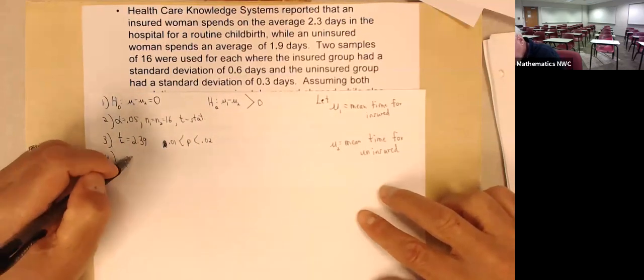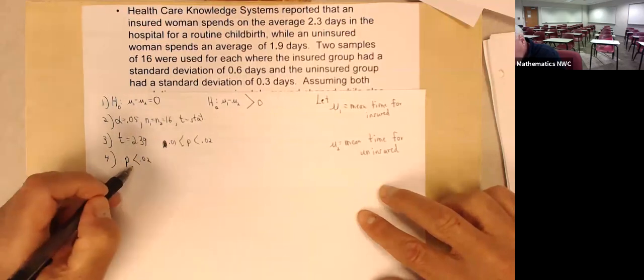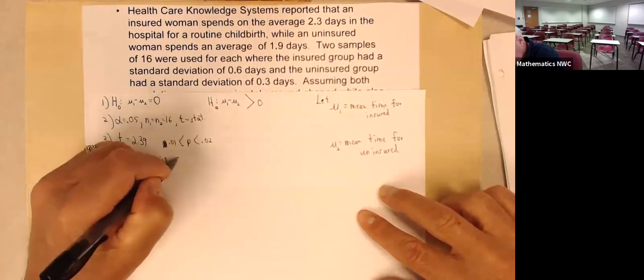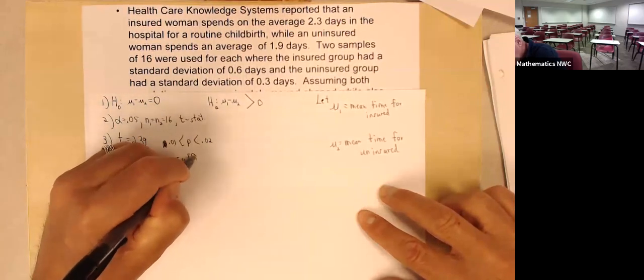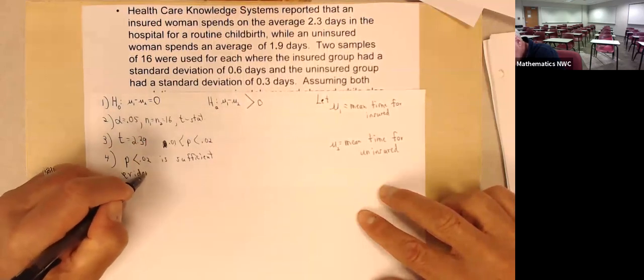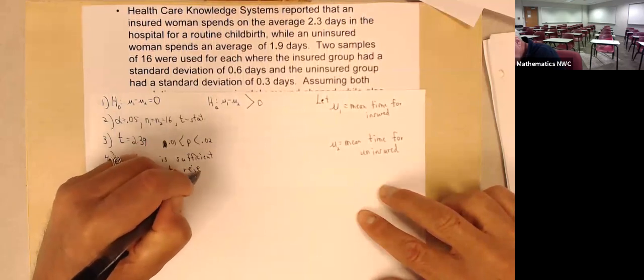P less than 0.02, could have put greater than 0.01, but this was the key part. It means that it's less than 5, is sufficient evidence to reject our null.